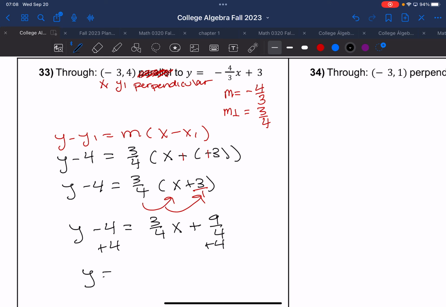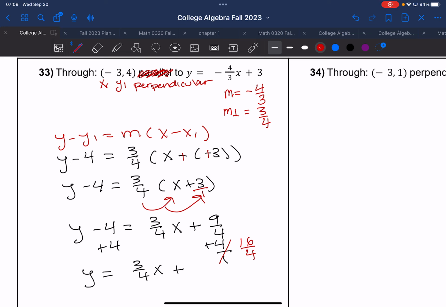And we would get y is equal to 3/4 x plus, notice that we have pretty much two fractions we're adding here. 9 over 4 and 4 over 1. So that means we would have to get a common denominator. In that case, that would be 4. So that 4 over 1 is going to become 16 over 4 because I'm multiplying the top and bottom by that common denominator. So now I have 9 plus 16.